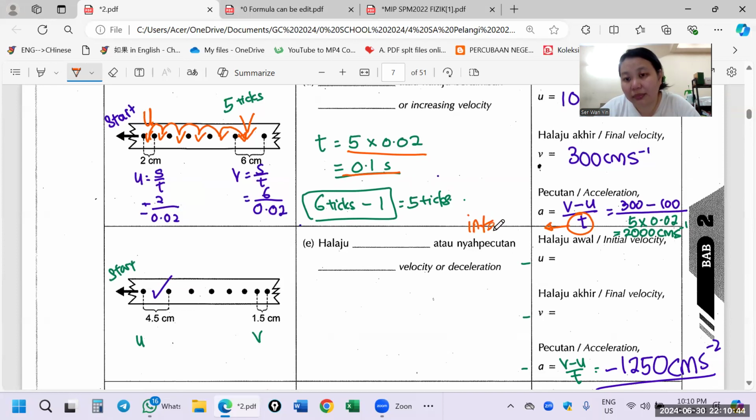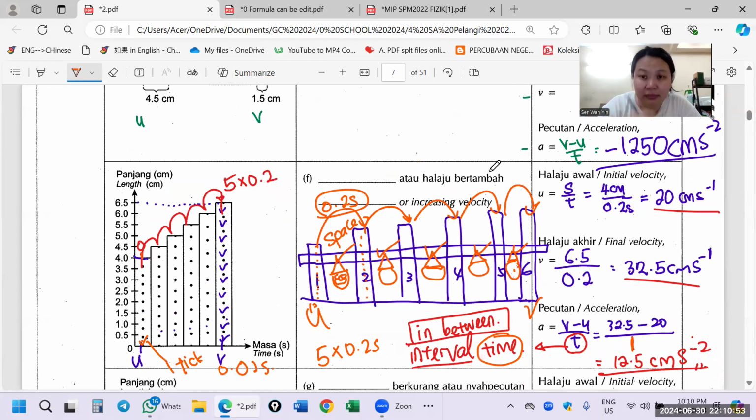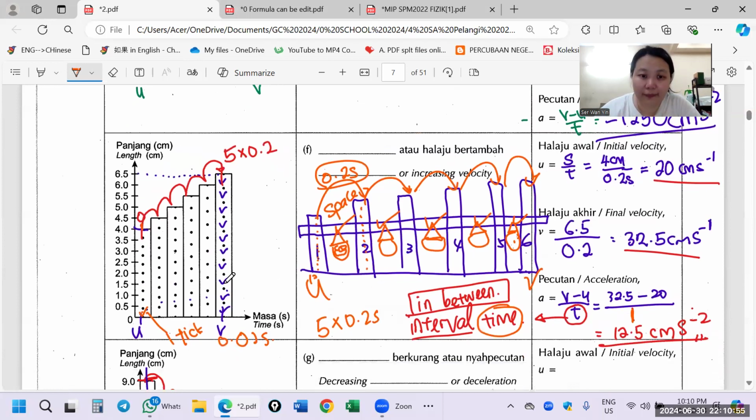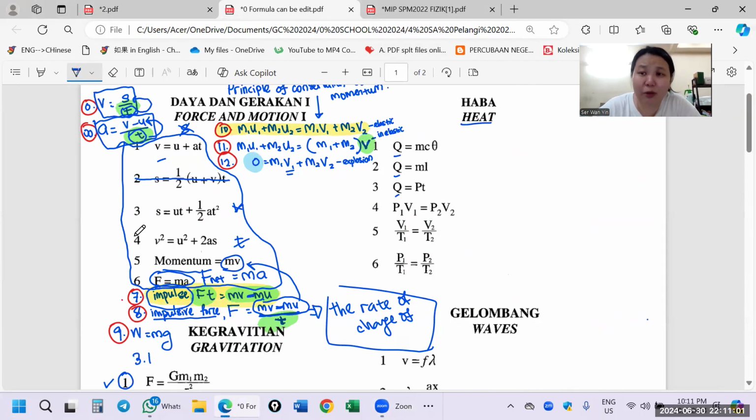This is called time interval, the time in between U and V. The formula given in black will be given; the ones in writing you write yourself.